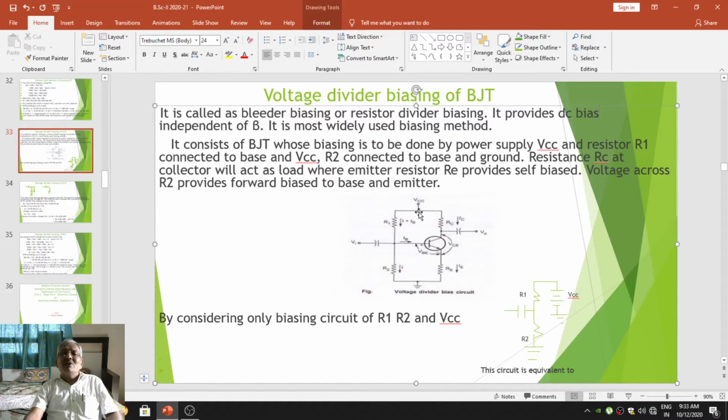So only by considering the network containing VCC, R1 and R2, which is represented in this particular figure. To this, VCC is connected with the positive terminal, and the negative terminal is grounded. Another terminal of resistance R2 is grounded.